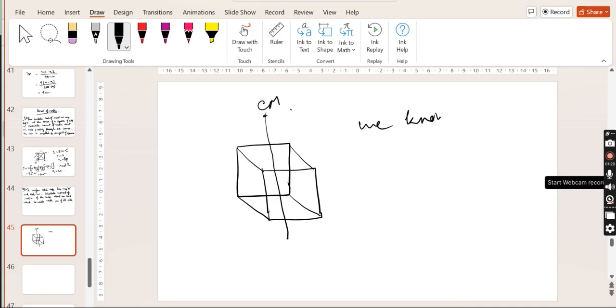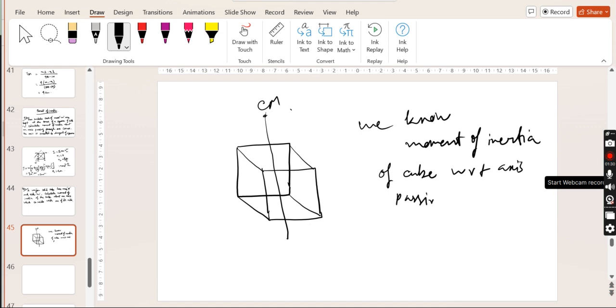We know the moment of inertia of a cube with respect to an axis passing through the center of mass is 1 by 6 m A square.